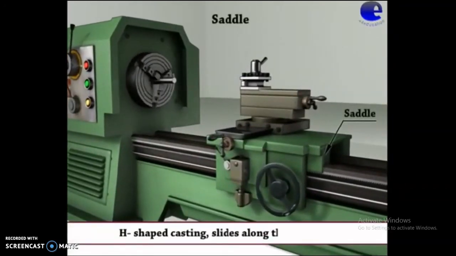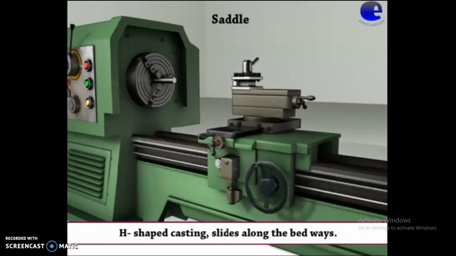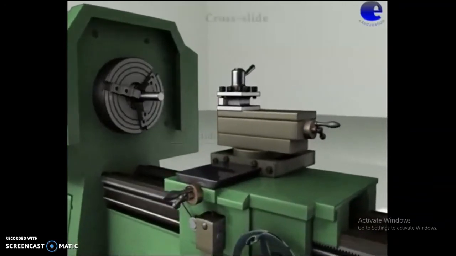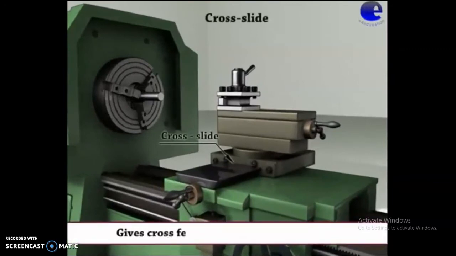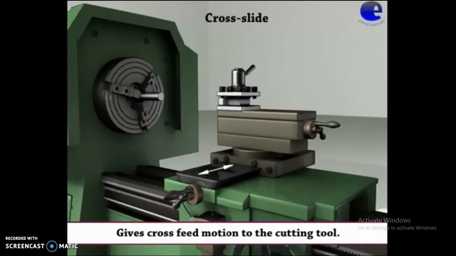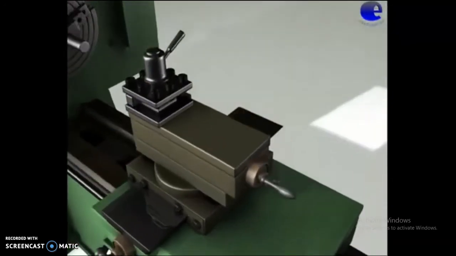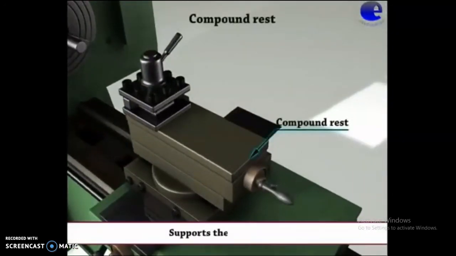Saddle. An H-shaped casting that slides along the bed vise. Cross slide. It gives the cross feed motion to the cutting tool. Compound rest.